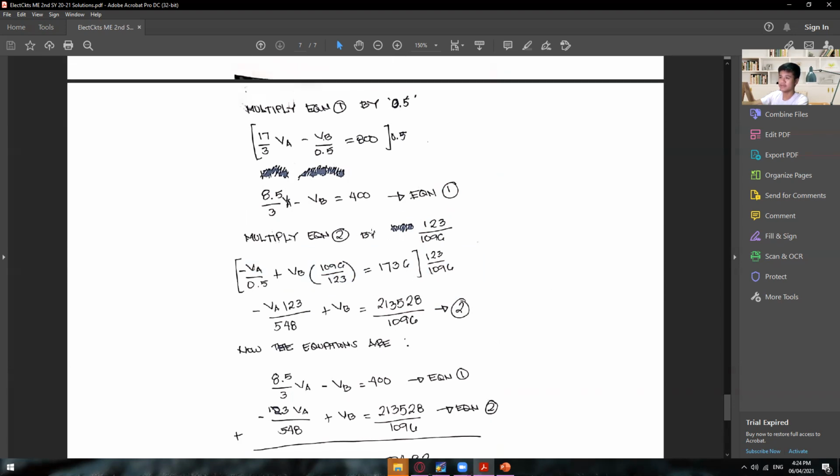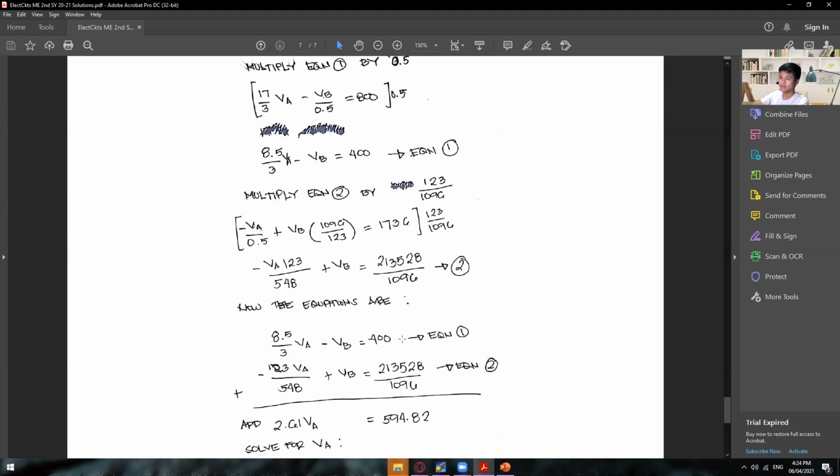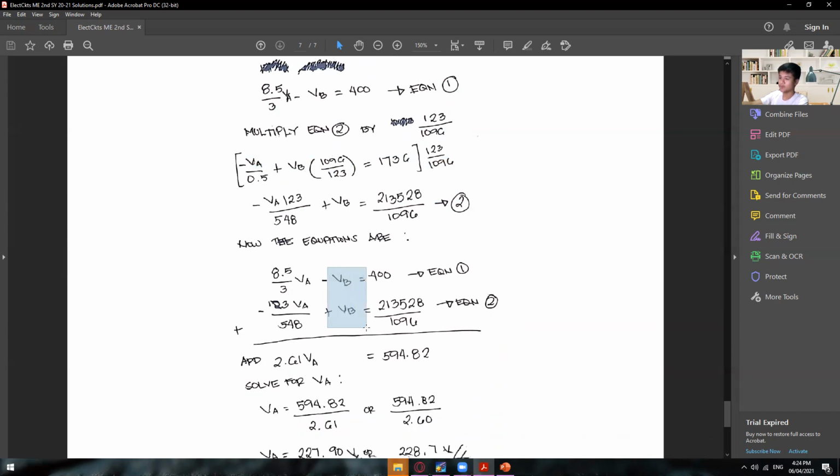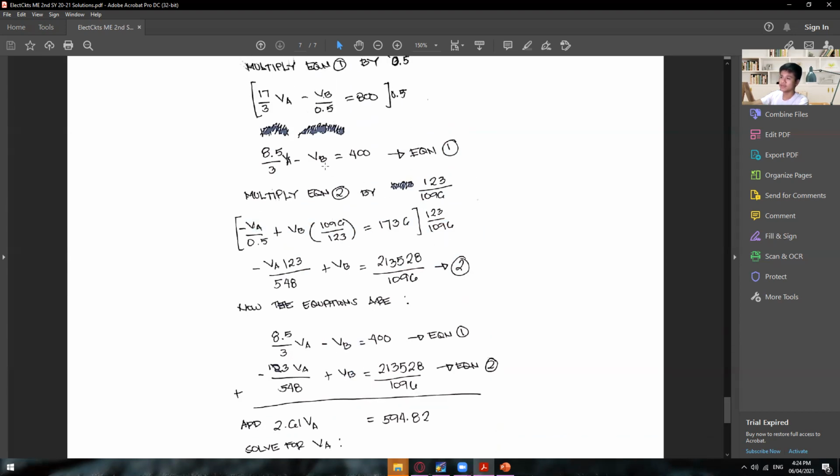So we can eliminate the values for VP. So in that way, we can easily remove the VP. Okay, so in here, I just made a way so that I can have variable VB only. So the same with equation number 2. So I eliminated this one by multiplying 123 divided by 1096.